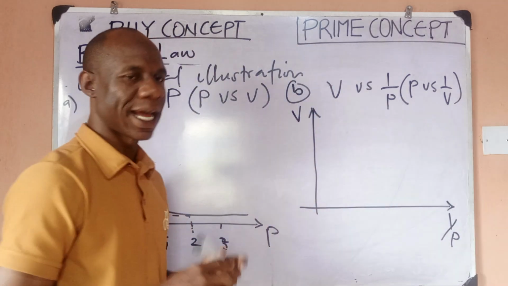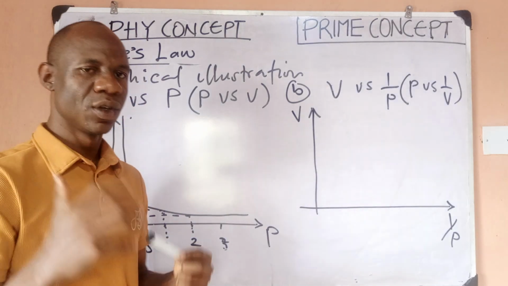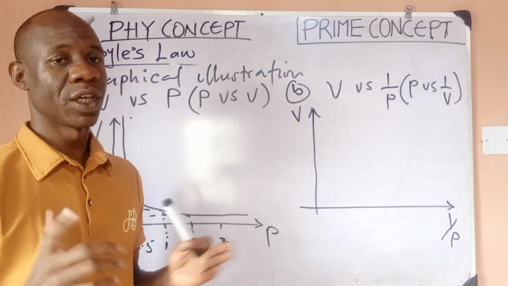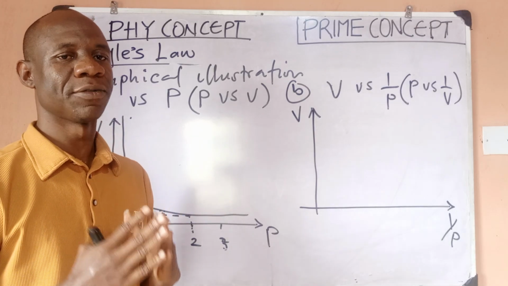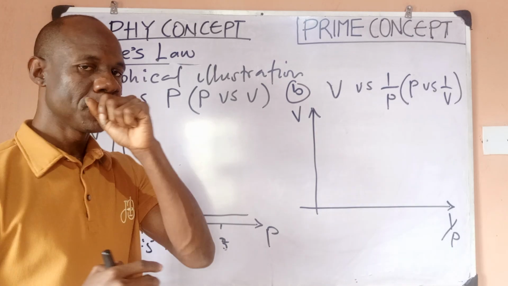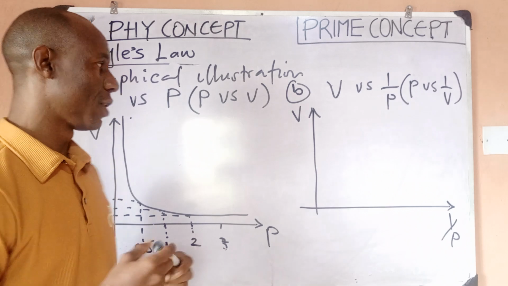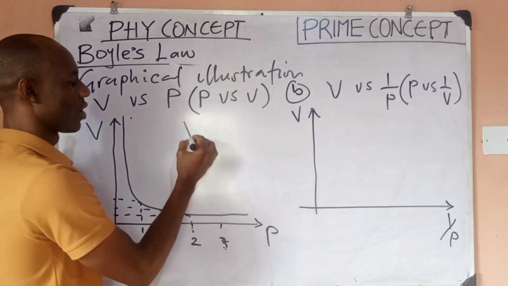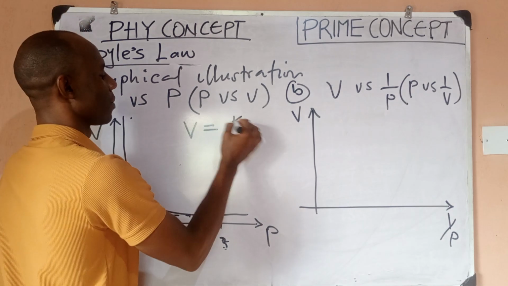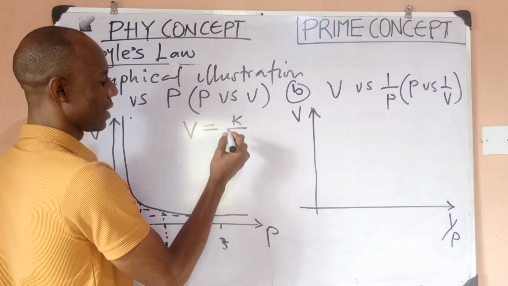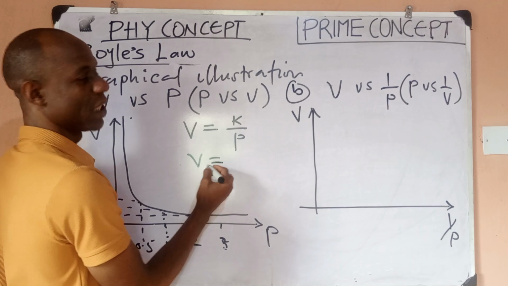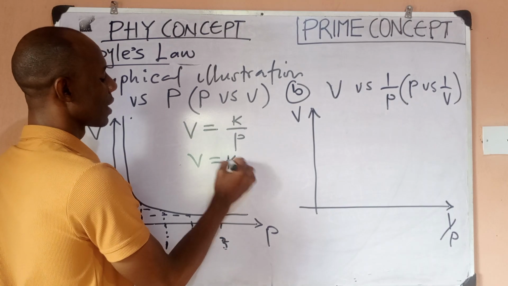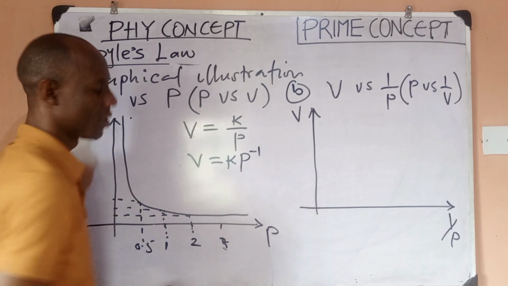Now somebody may ask, how do we know when you're going to have a straight line or a curve? One of the easiest ways I teach my students to know when a graph should be a straight line or a curve is, for example, this is the relationship between volume and pressure for Boyle's law, right? You can clearly see that this can still be written as V equals K times P to the power minus 1.